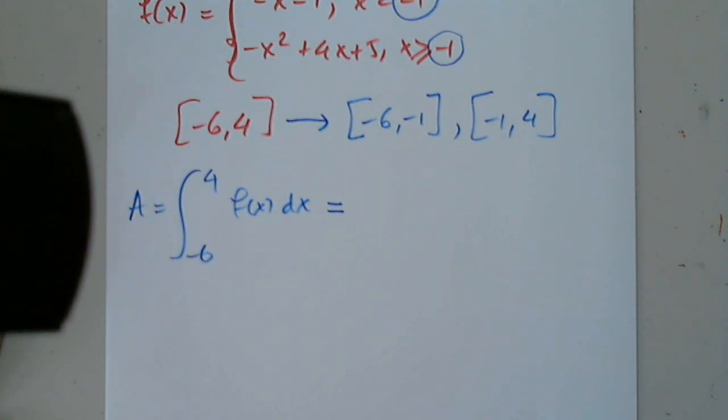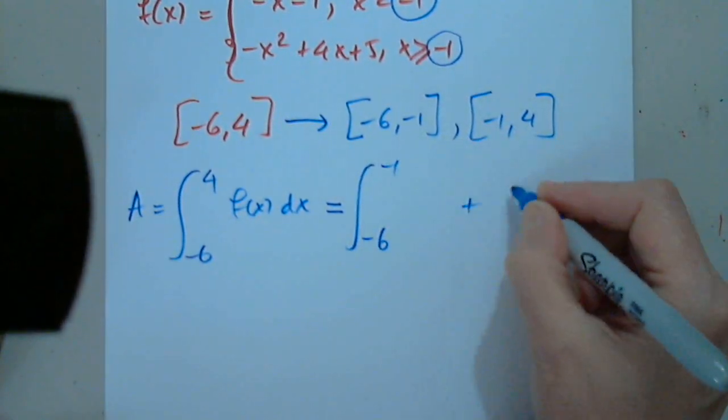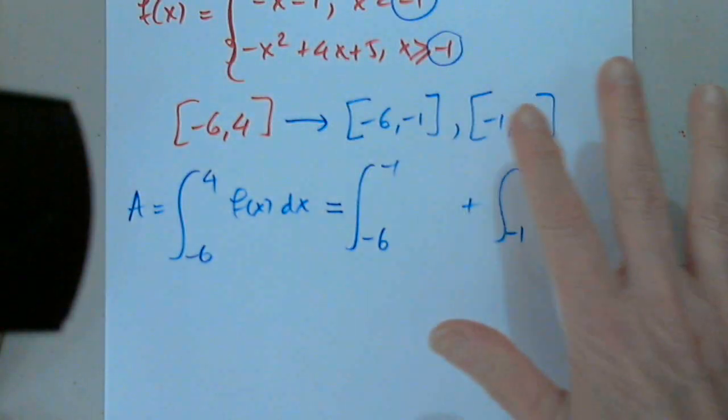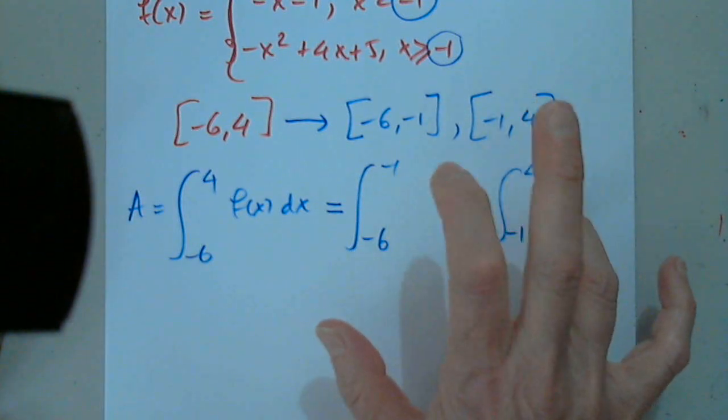Anyone? Would we do the definite integral of negative 1 to negative 6 plus the definite integral of 4 to negative 1? Or yeah, they have to be in ascending order. Very good.